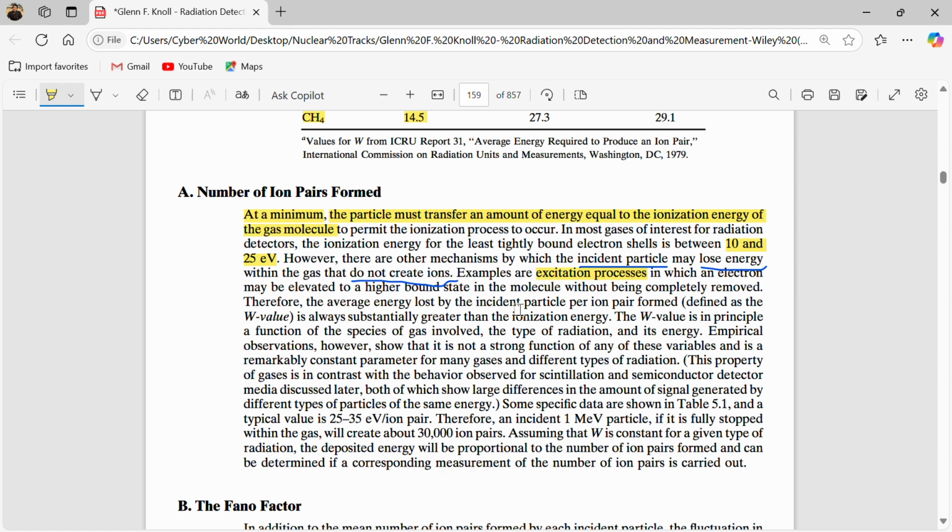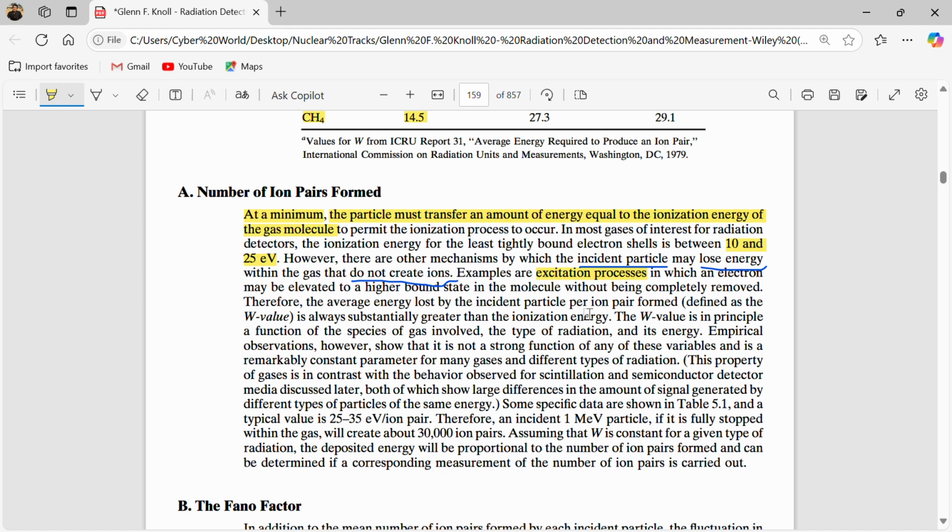Therefore, the average energy lost by the incident particle per ion pair formed, defined as the W value, is always substantially greater than the ionization energy.